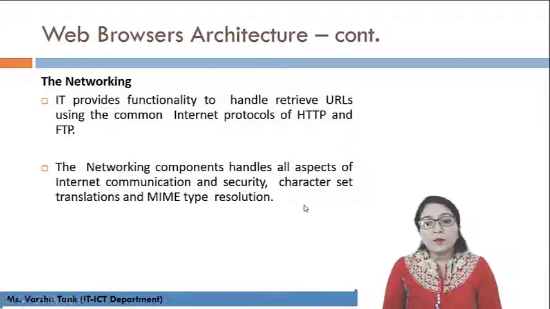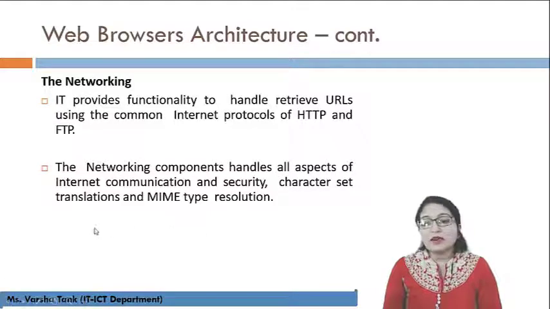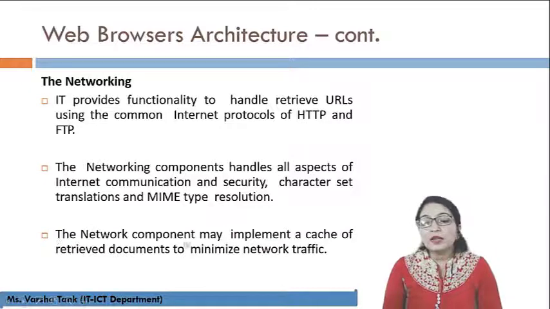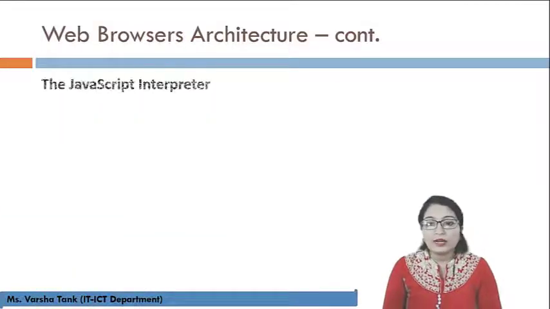The networking component handles all the aspects of internet communications and security, character set translations, and MIME type resolutions. The network component may implement a cache of the retrieved documents to minimize network traffic. All of that is done by the networking, which is part of the rendering engine.